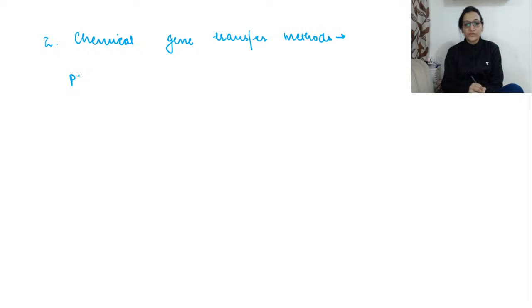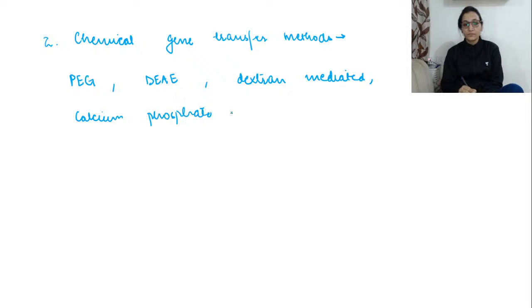So the chemical gene transfer method occurs with the help of polyethylene glycol, then diethyl amino ethyl mediated dextran, and calcium phosphate mediated precipitation.